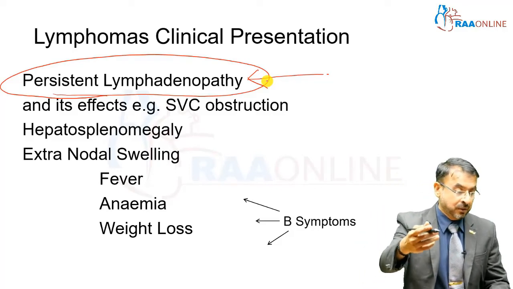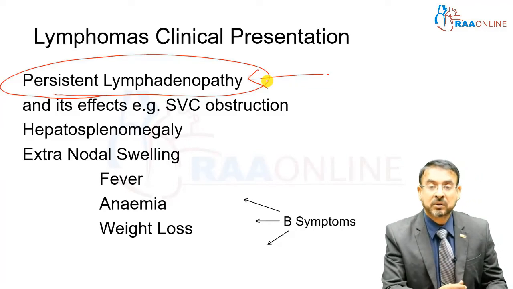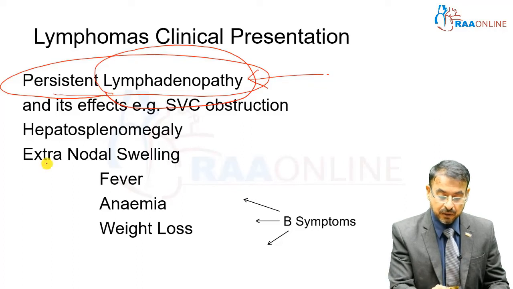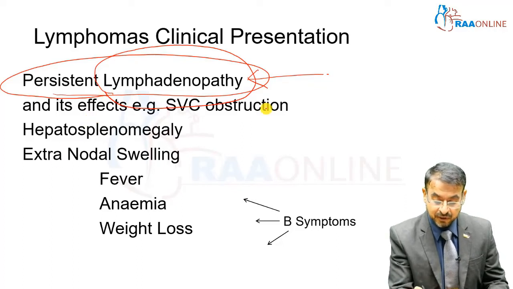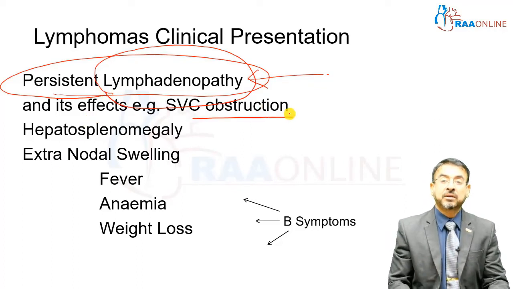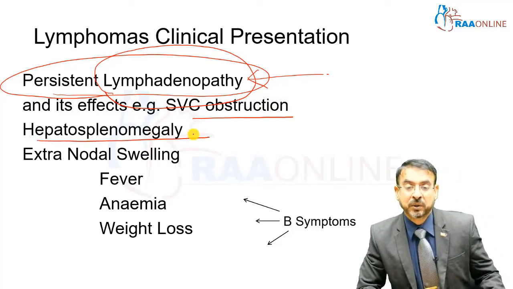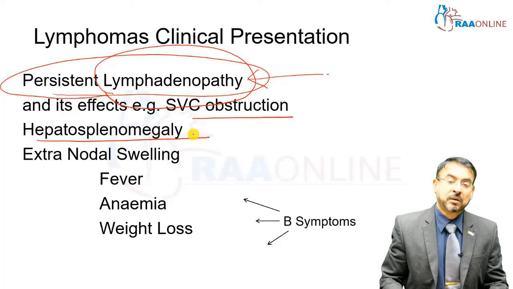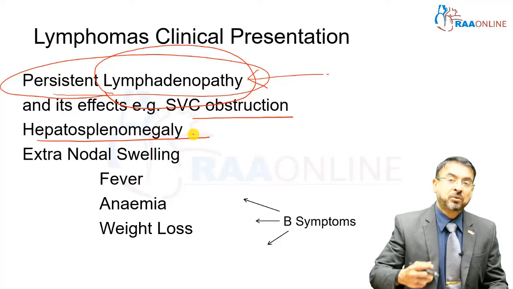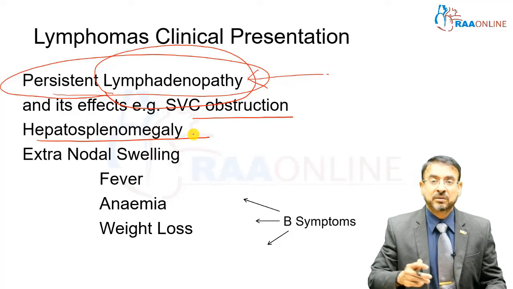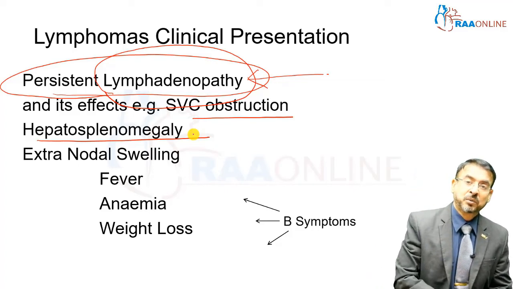An infection in the groin, the inguinal nodes enlarge. But if it is persistent lymphadenopathy and it has other effects such as obstruction of the superior vena cava, involvement of the liver and spleen, hepatosplenomegaly, or any other extranodal swelling in the case of extranodal lymphomas, these are the clinical presentations that you will get in a lymphoma.